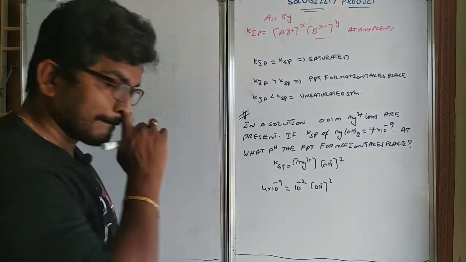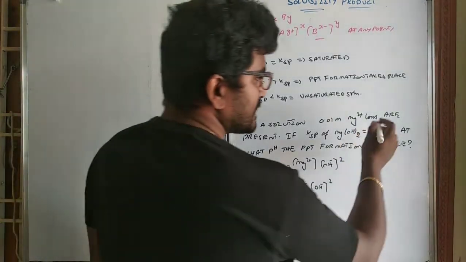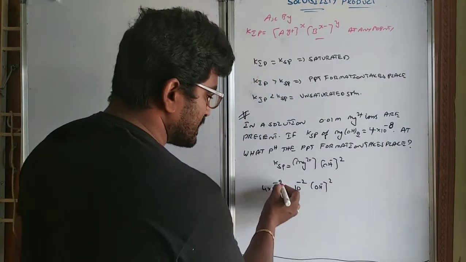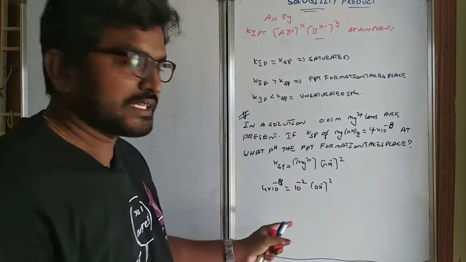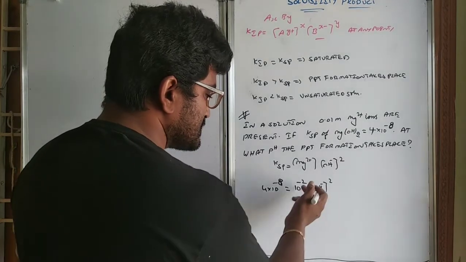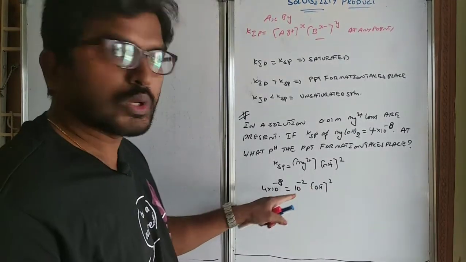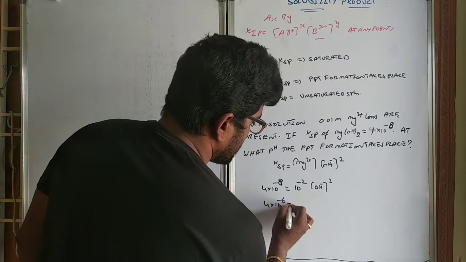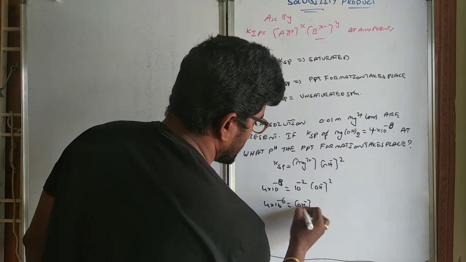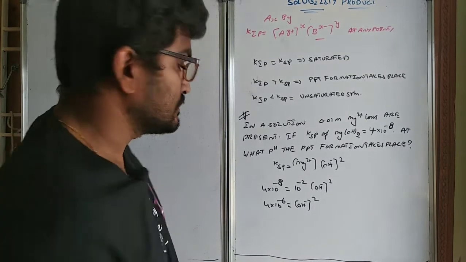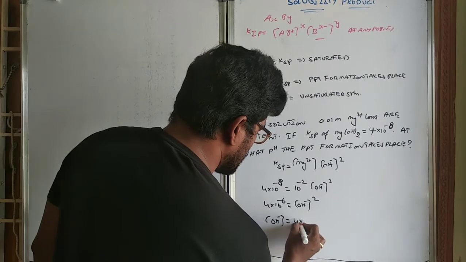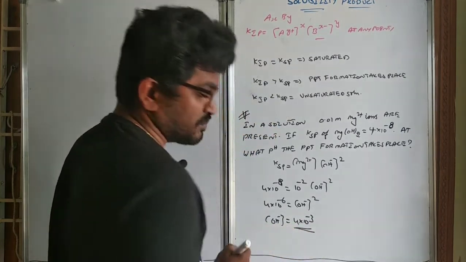Better to take this as 10 power minus 8, then the calculation becomes simple. 10 power minus 2 comes down, goes to the other side as plus 2. So 4 into 10 power minus 6 equals OH minus whole square. So OH concentration is 4 into 10 power minus 3.